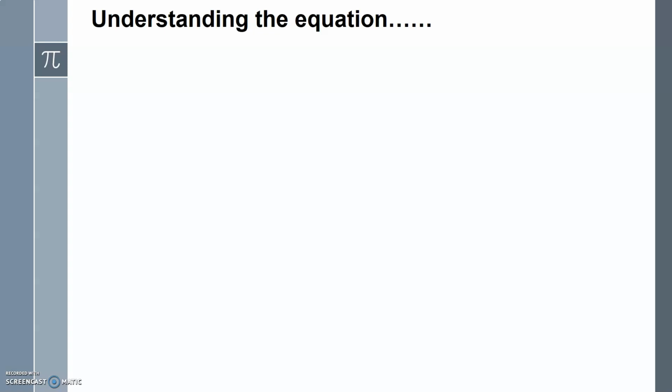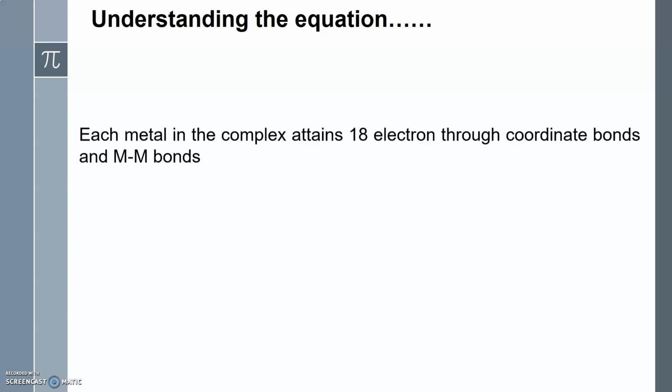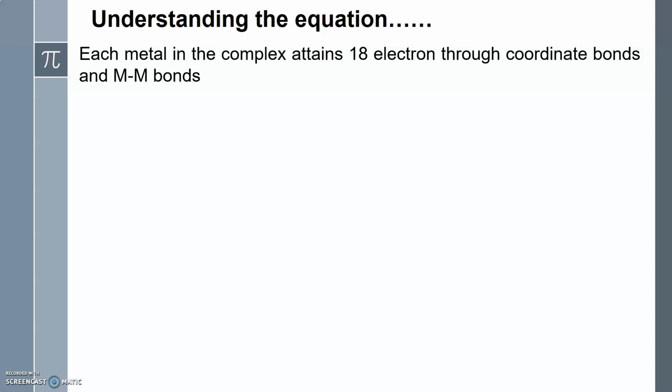Let us try to understand the equation a little bit more. Each metal in the complex tries to attain 18 electron configuration through coordinate bond and or metal-metal bond. This is what we have seen in the extension of the octet theory also by Langmuir. Already the metal will have some electron in its valence shell. Additionally, it will gain the electrons through the coordination bond from the ligands and the electrons through the metal-metal bonds.